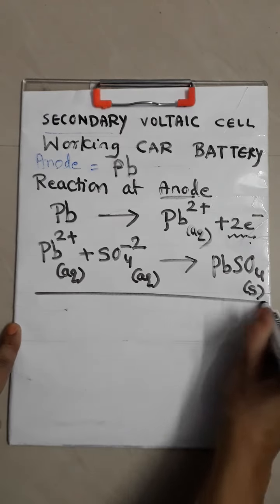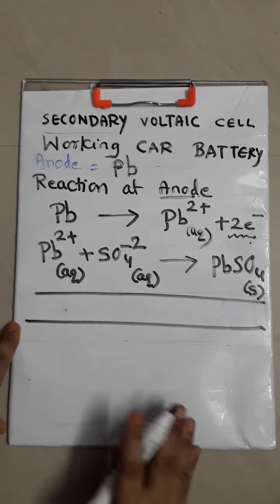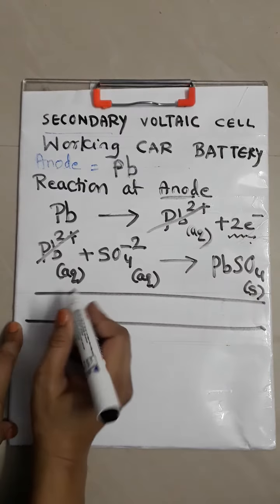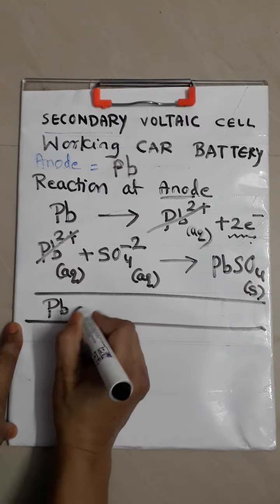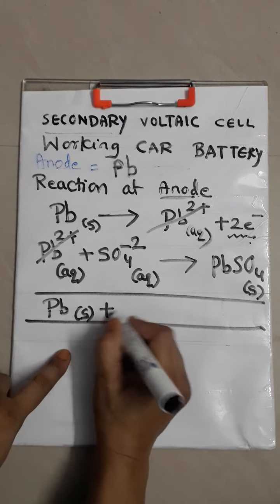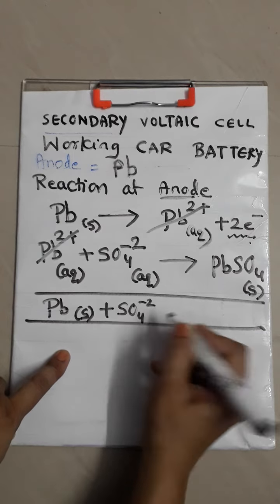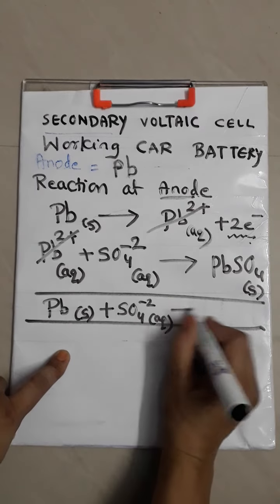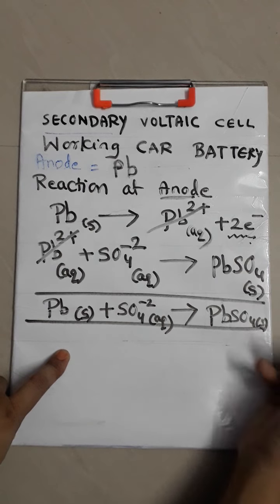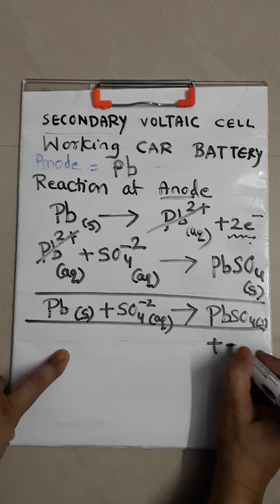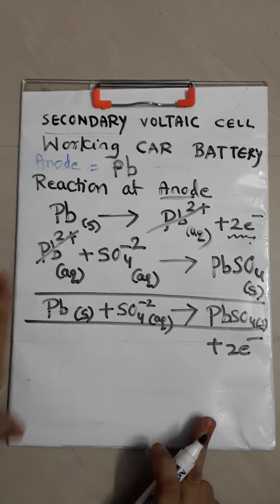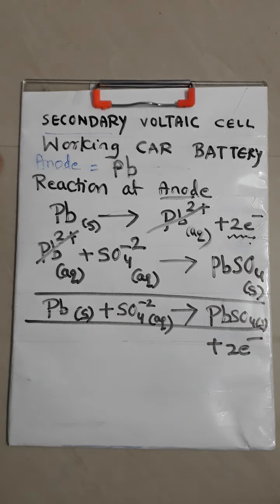So here we have the net electrode reaction at anode. Pb+2 will get cancelled, and we'll have Pb solid plus SO4-2 aqueous becoming PbSO4 solid plus 2 electrons. This is the reaction which is acting at anode for the car battery.